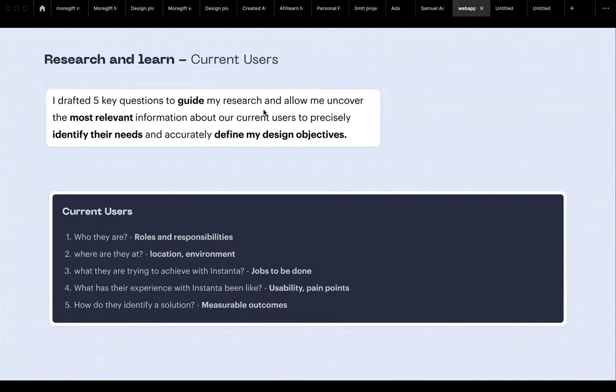So those 2 things are very critical when you're carrying out a qual. It's usually called qual. You have quant and qual research, or quant and qual analysis.